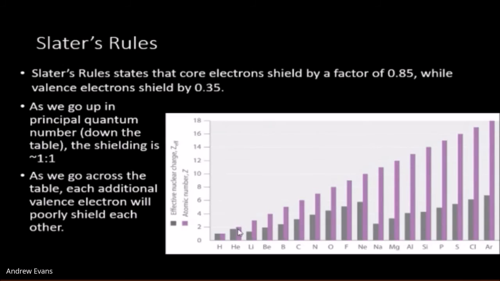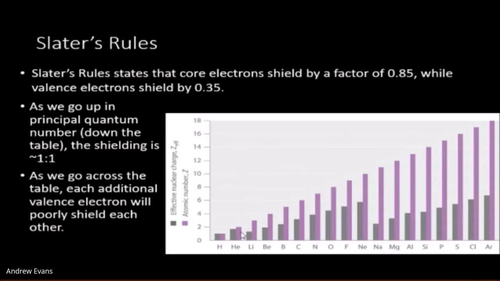Helium has 2 electrons and 2 protons. So one of those valence electrons shields the other, but not very well. So if Z is the magenta purple, Z effective is that light blue. It's dropped a little bit.